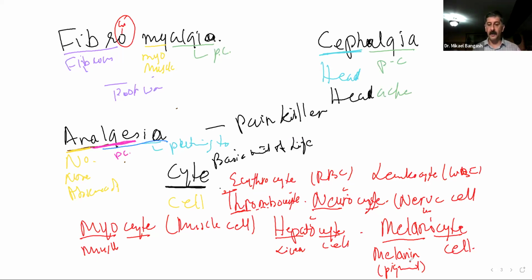So melanin is the name of the pigment substance, and the cells where that substance is found are called melanocytes. Did you guys get that? Any questions, guys?